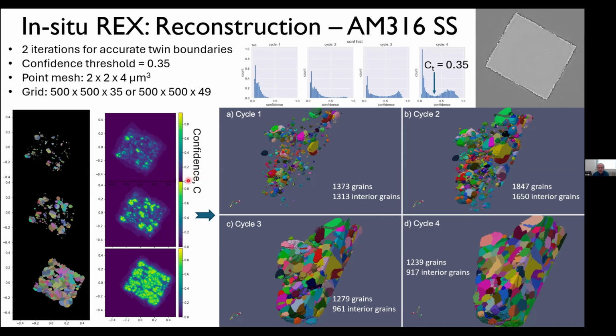The confidence is just the fraction of simulated Bragg peaks that actually do hit experimental data. And that's pretty low over most of the sample initially, with these bright spots corresponding to where grains are, measurable grains are. And as we anneal, the structure fills in as you'd expect for recrystallization.